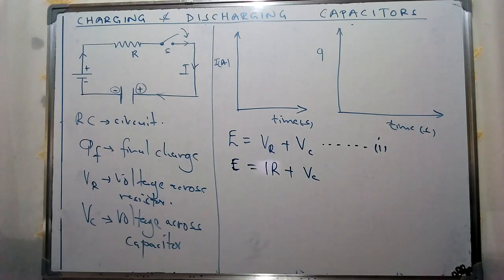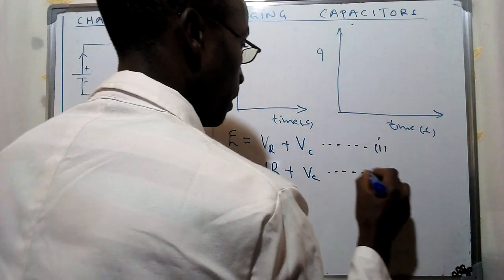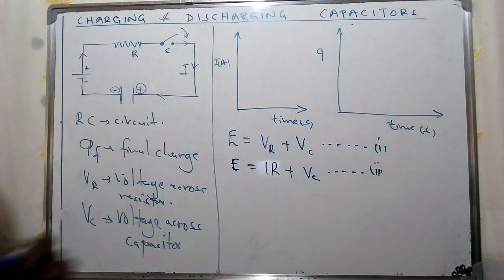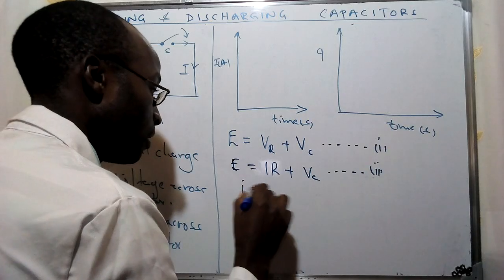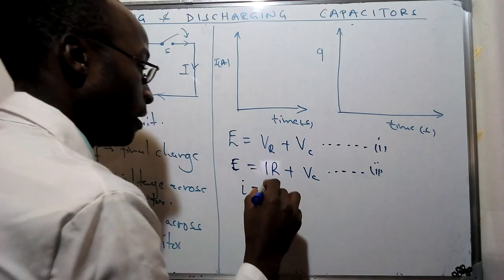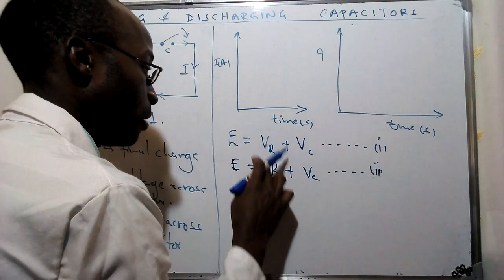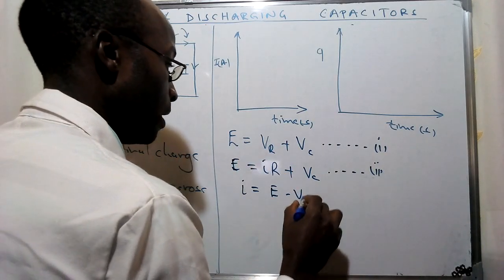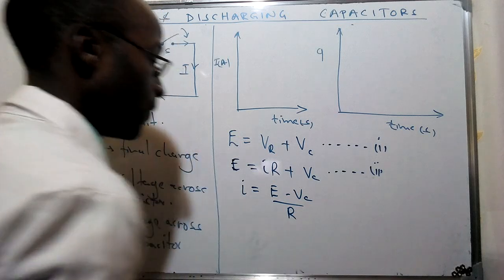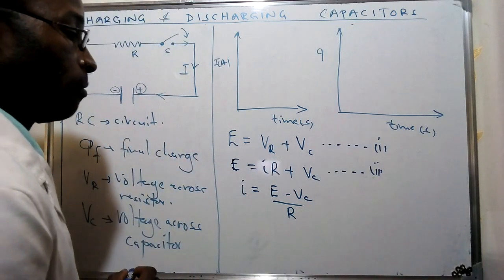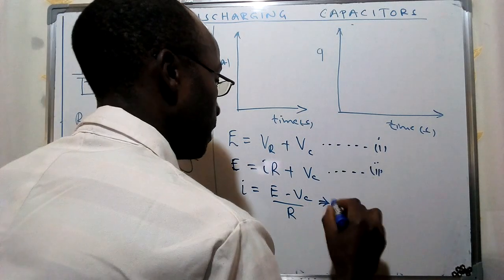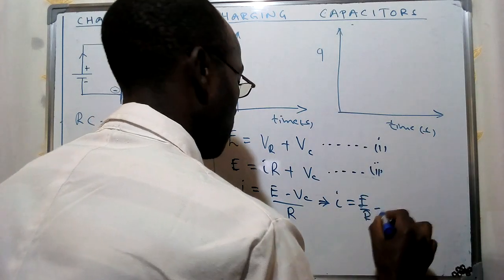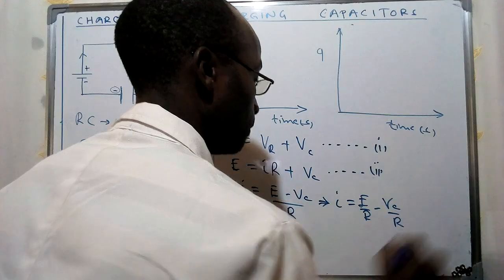And therefore, for our equation, we can rewrite it in order to find the amount of current, making I the subject of the formula. That's going to give us I equals (E minus V_C) over R. And this implies that we can still have the current represented as E over R minus V_C over R.